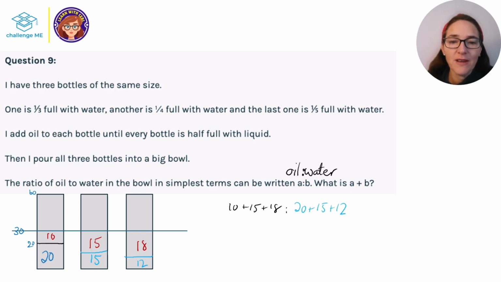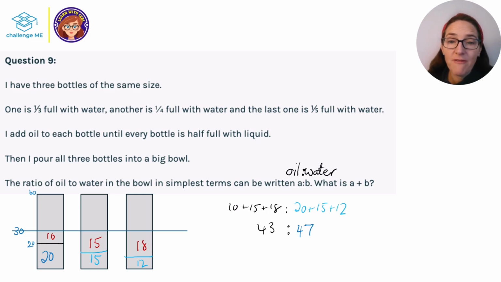If we add those sets of numbers up, we get 43 for the oil, and we get 47 for our water. Oh, and that doesn't simplify. Because we chose the lowest common multiple, it's ended up being our simplest form already.